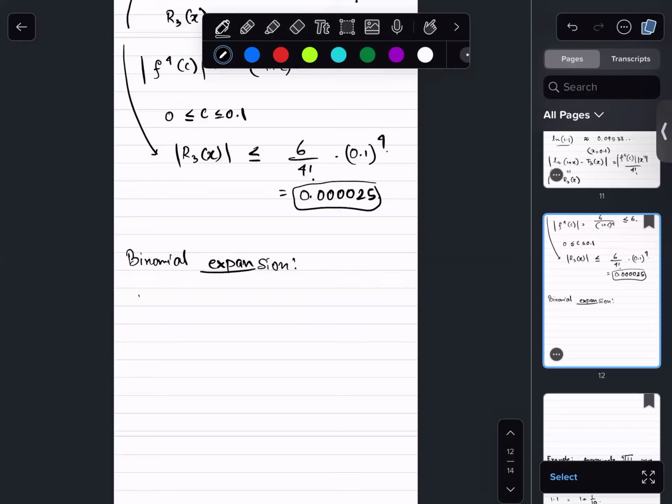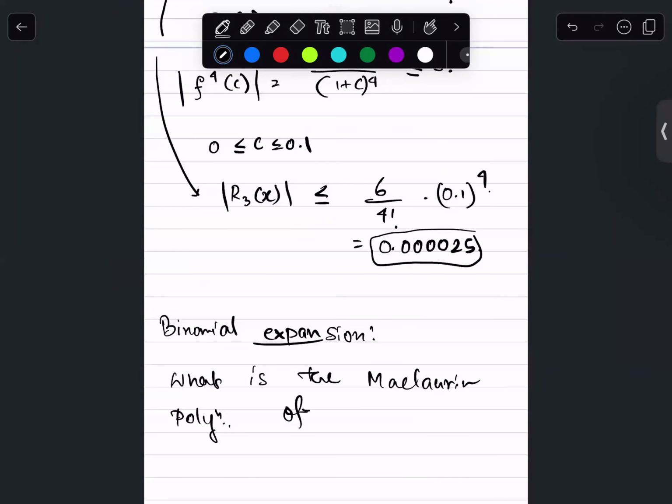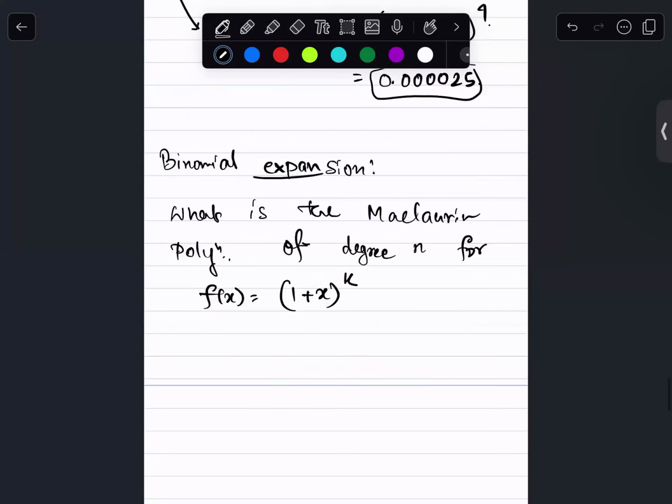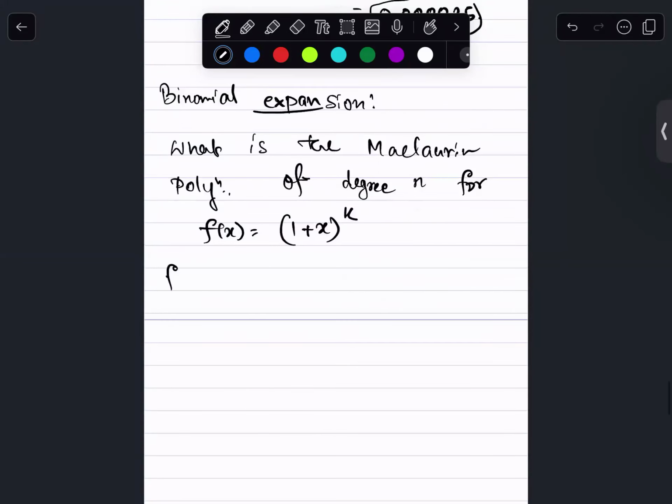The question is, what is the Maclaurin polynomial of degree n for f(x) equal to 1 plus x to the k? Your f(x) in this case is 1 plus x to the k. Your f prime of x will be k times 1 plus x to the k minus 1.